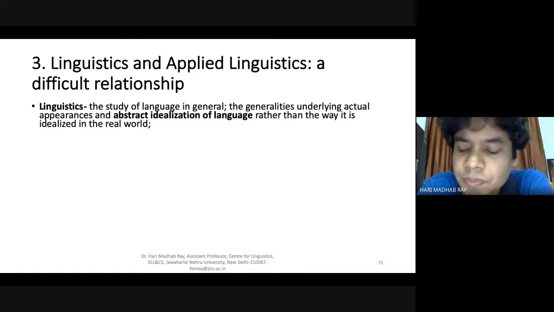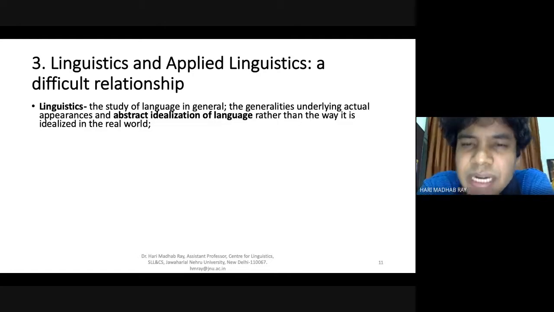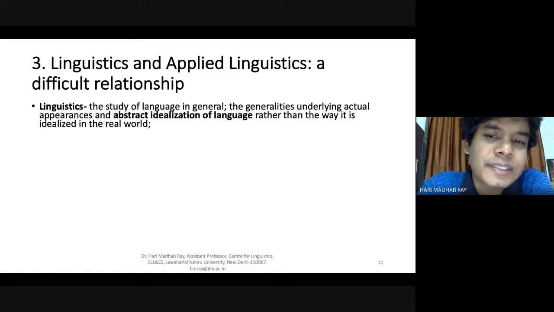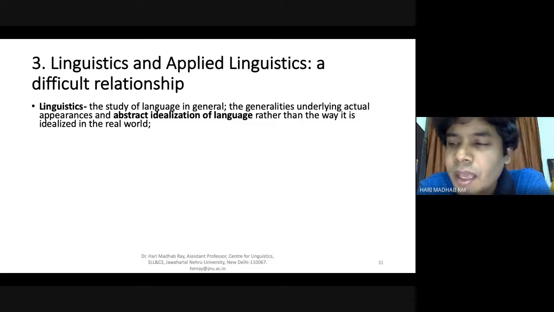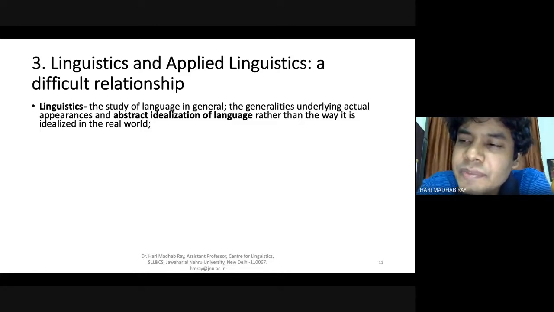Now, if you look at the whole tradition of linguistics, especially after the 1950s, with the emergence of generative grammar, what happened?